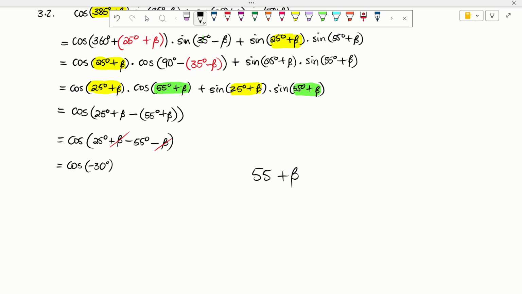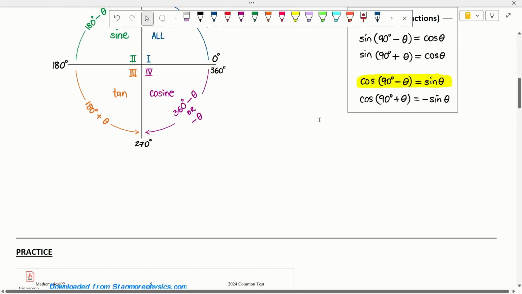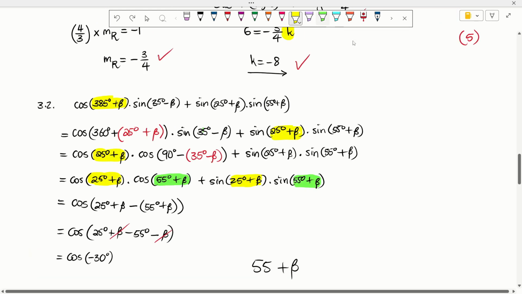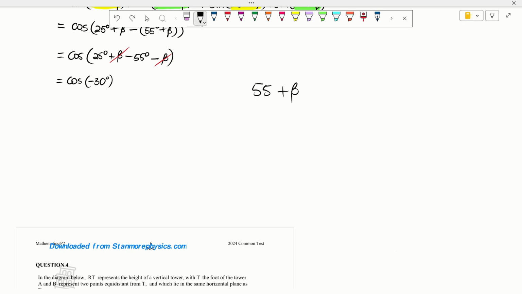So now we go back to reduction: a negative angle falls under the fourth quadrant, and in the fourth quadrant cosine is positive, so cosine of a negative angle becomes positive. So I can right away say this is positive cosine 30, because cosine of a negative angle is a positive cosine. Therefore, I also recognize that 30 degrees is a special angle.